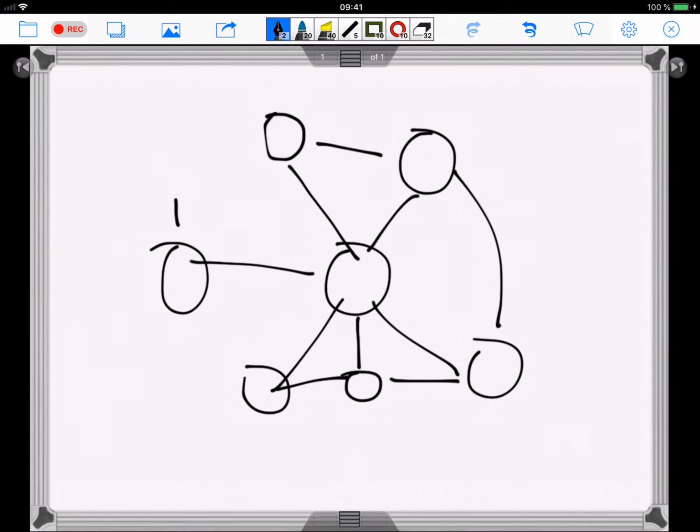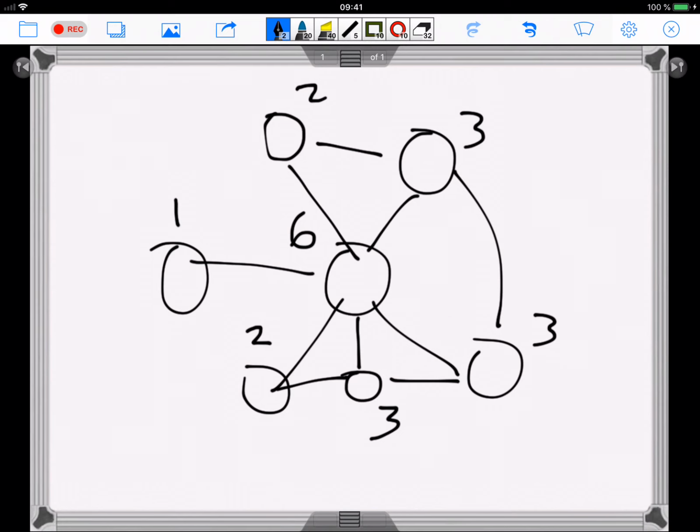So this vertex has degree 1, this has degree 2, this has degree 3, again this one has degree 3, 3, 2, and for the central one we have 1, 2, 3, 4, 5, 6.